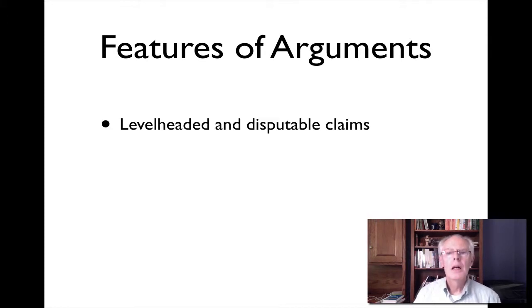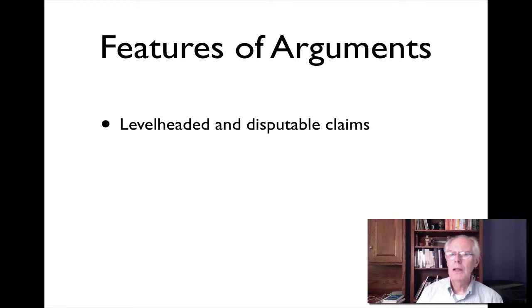Okay. Level-headed and disputable claims. Level-headed comes from the writing in the work that we're considering by the two authors, How to Write Anything. They're talking about level-headed, meaning this is something that applies to reasonable people, people who have a capacity to be open-minded, to consider things in a rational way, rather than being hot-headed, being emotional, being an extremist kind of position.